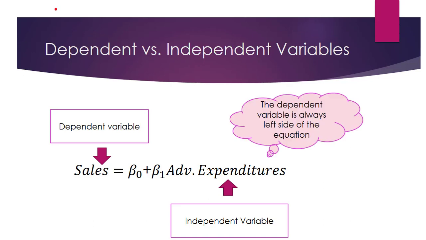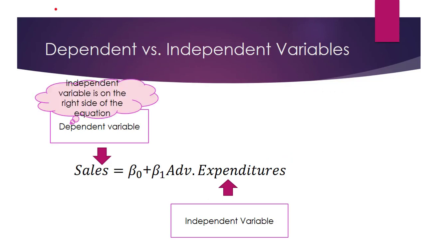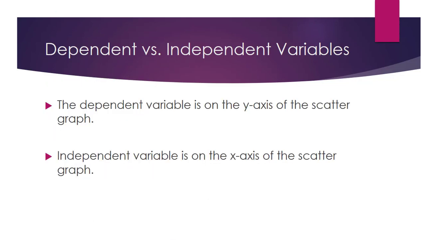When setting up the regression equation, the dependent variable is always on the left side of the regression equation, and the independent variable is on the right side of the regression equation. When displaying our data points and regression line on the scatter graph, the dependent variable is on the y-axis and the independent variable is on the x-axis.